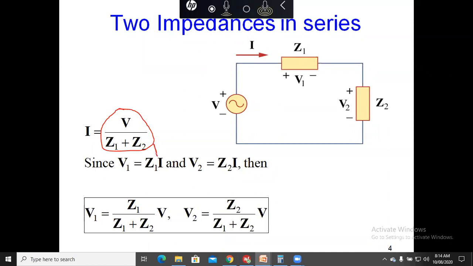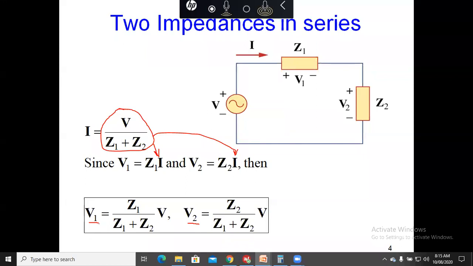We substitute the value of I here and we substitute the value of I here. So we will get the voltage across the first impedance and the voltage across the second impedance. So in this way, you can see that the voltage is divided.